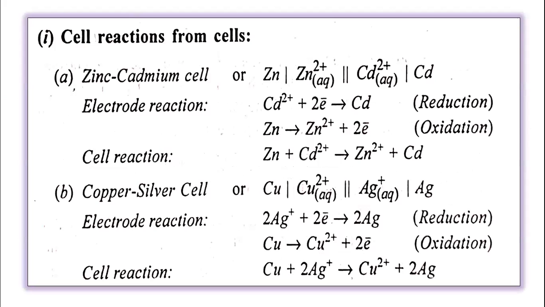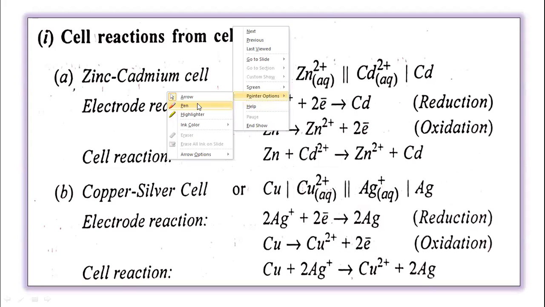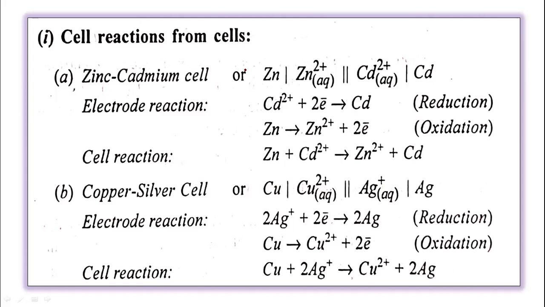So let us take an example to explain this. How to write the cell reaction from a galvanic cell? In this case, some examples of galvanic cells are given.